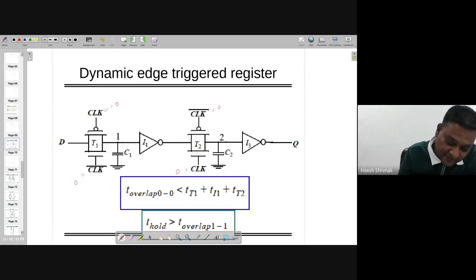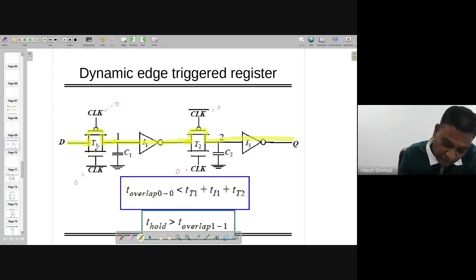In that case, look, this particular PMOS is going to be on, and here this PMOS is also on, right?